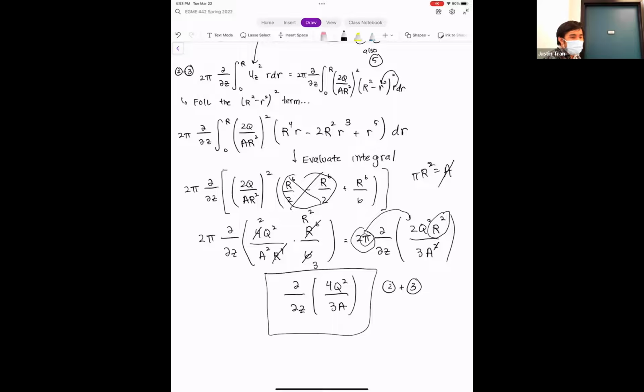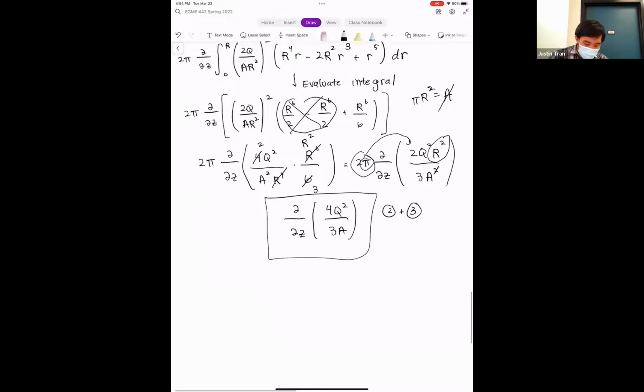Even in this attempt to simplify this with integration, we still end up with something very, very difficult to solve. But that's just the nature of convection, and that's what makes fluid mechanics so difficult. But it also makes it really cool. So, give and take, I guess. Okay. Any questions on this? Okay. All right. So that's integral 2 and 3.